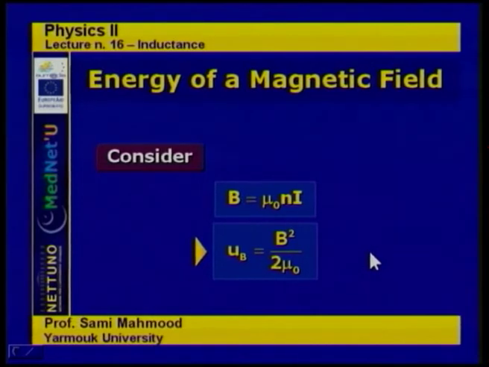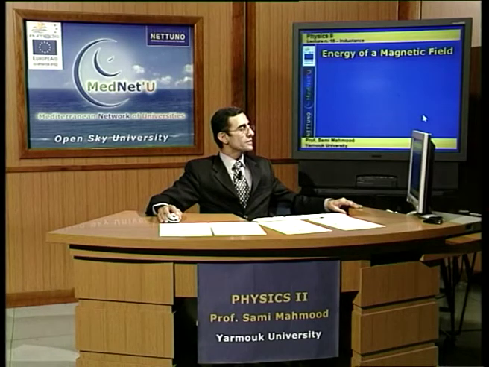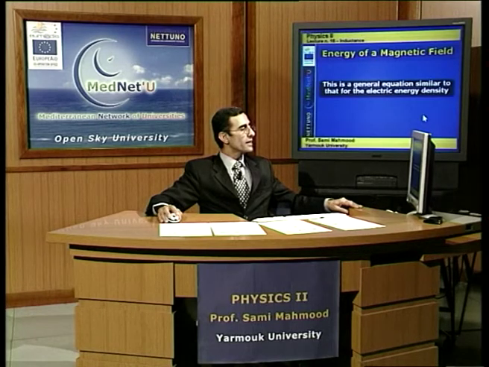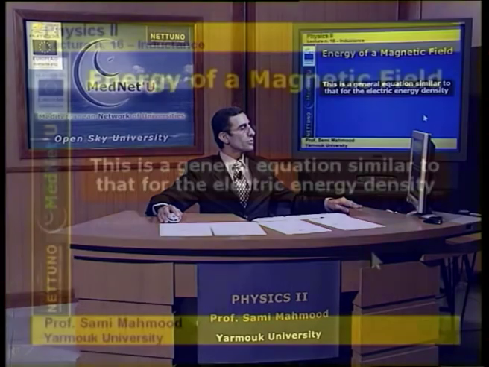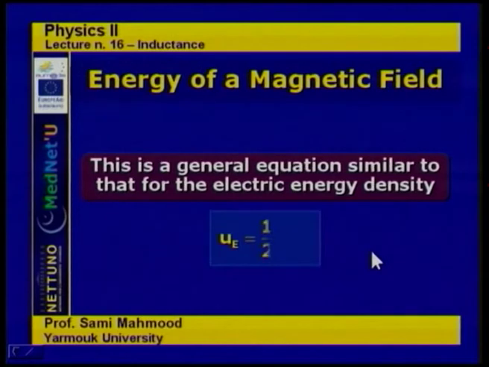So it's proportional to B squared, and this is exactly similar to the case of electrostatics, where we remind ourselves that it's 1/2 epsilon naught times E squared.